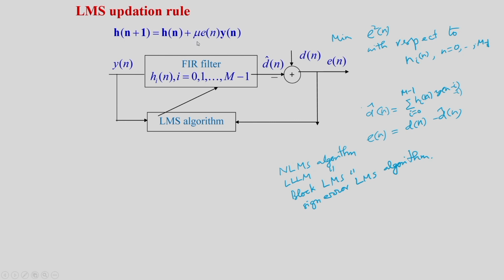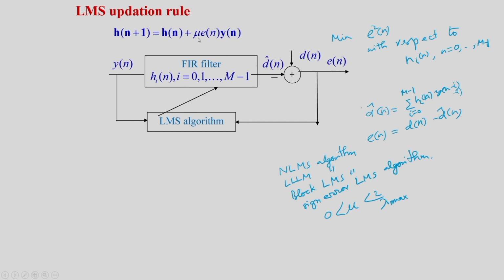So, we established a relationship, that is mu should lie between 0 and 2 by lambda max. With the chosen mu, the LMS adaptive filter will not converge to the actual Wiener filter. There will always be some excess error. That excess error will also depend on the parameter mu.